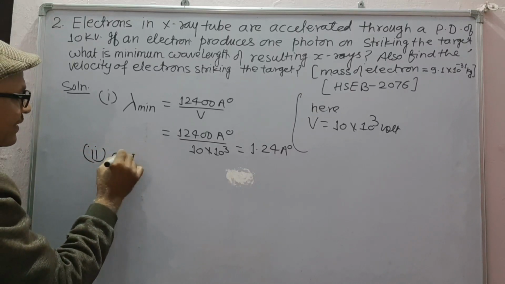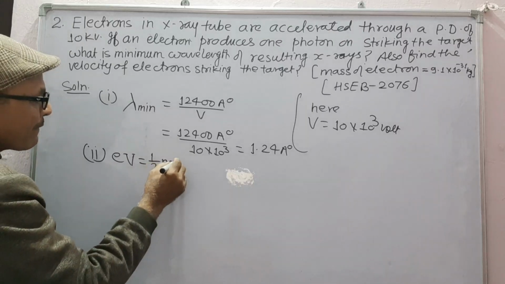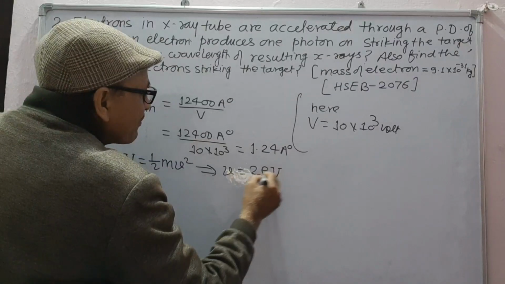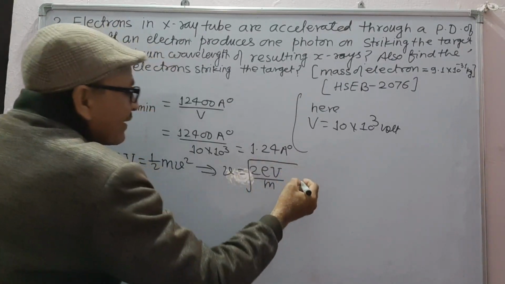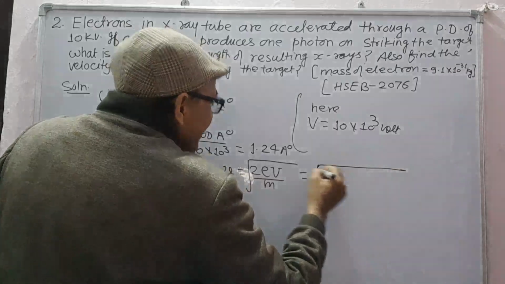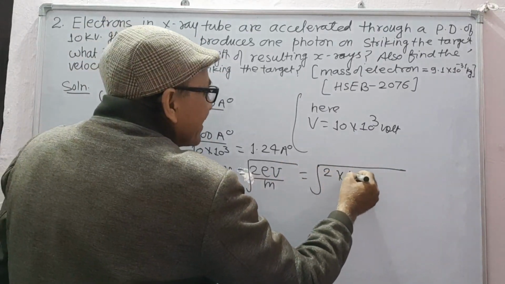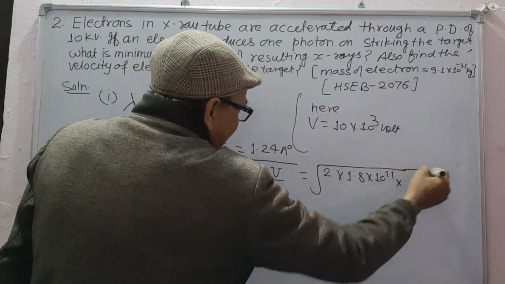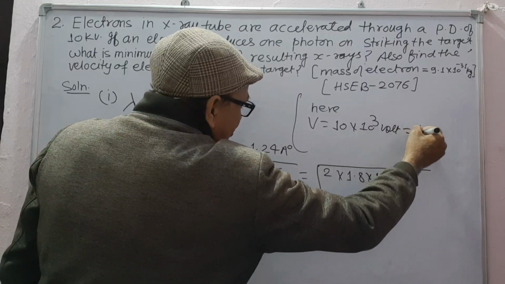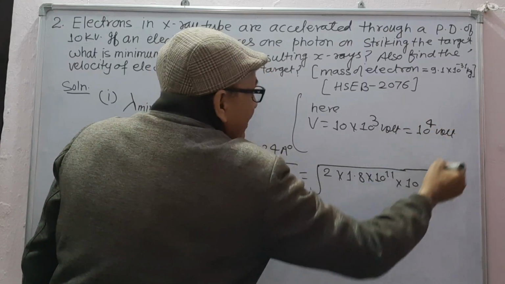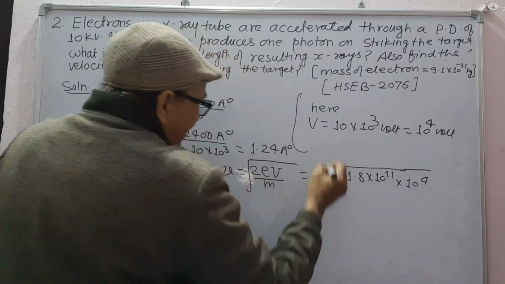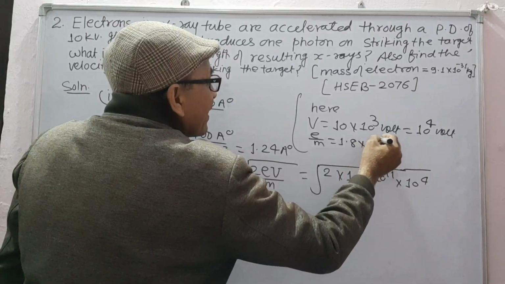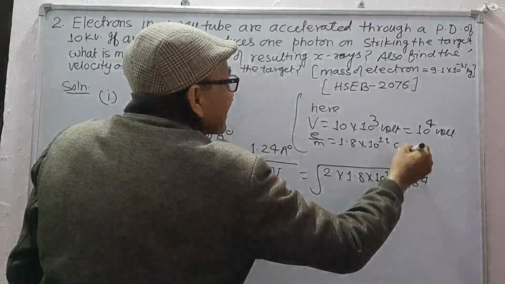Now second part. eV = 1/2 mv². This gives v = root of 2eV upon m. 2e upon m of electron is 1.8 into 10 to power 11 into V, which is 10 to power 4 volt. e by m of electron is 1.8 into 10 to power 11 coulomb per kg.